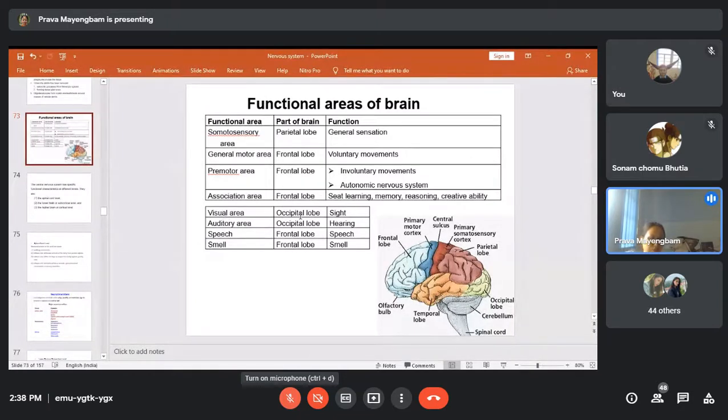Visual area, occipital lobe. Auditory area, occipital lobe. Then speech and smell also in the frontal lobe. So you should get familiar with these sites.